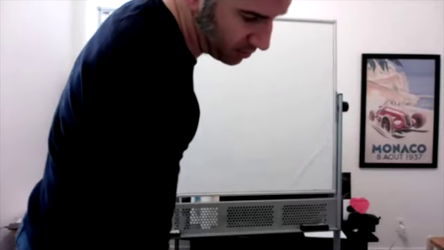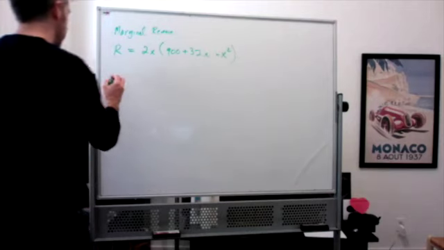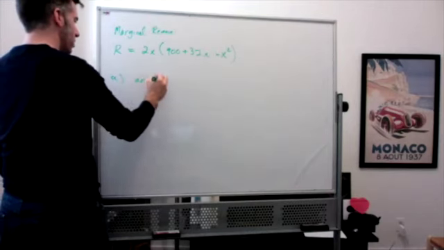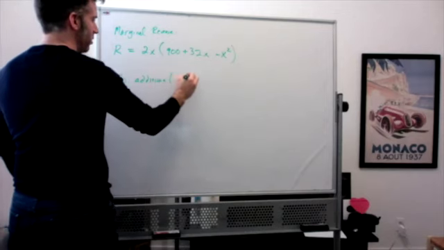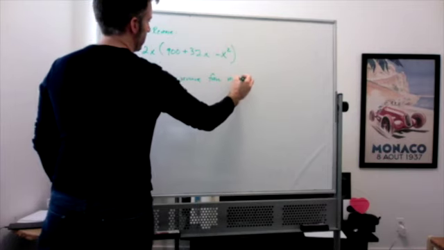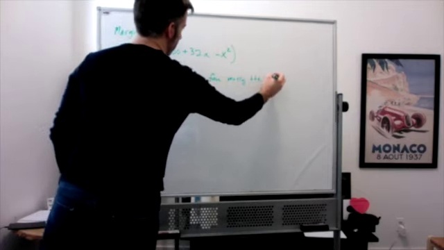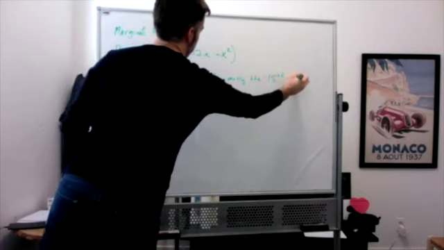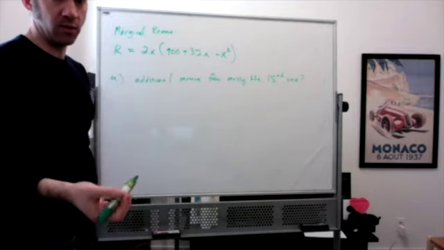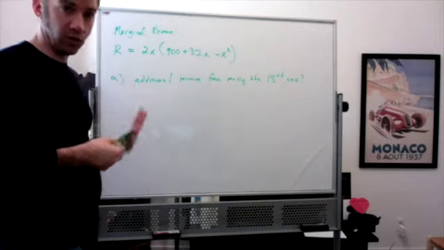So the first question is, what's the additional revenue from renting the 15th unit? Meaning, how much more revenue do we get from the 14th to the 15th unit?